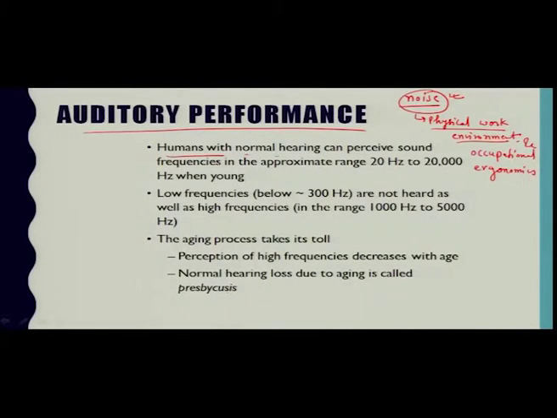Now coming back to some facts that are essential to know here: humans with normal hearing can perceive sound frequencies in the approximate range of 20 Hz to 20,000 Hz when they are young. However, humans have different auditory sensitivity to different frequencies. Low frequencies, below 300 Hz, are not heard as well as high frequencies in the range of 1000 Hz to 5000 Hz.